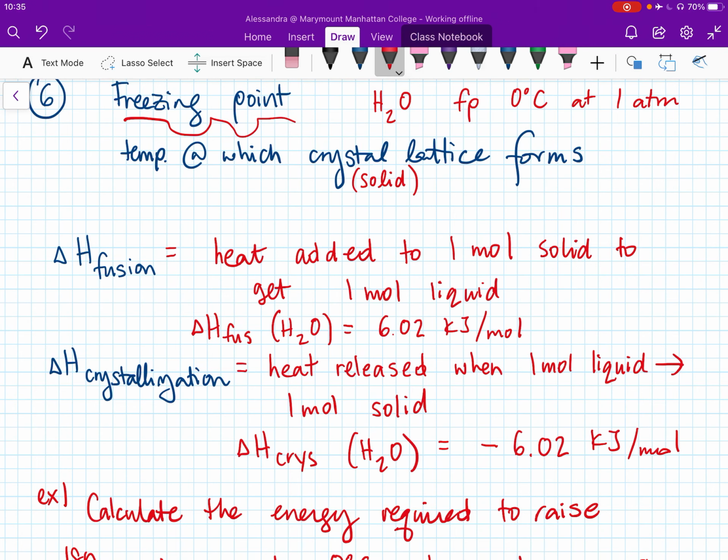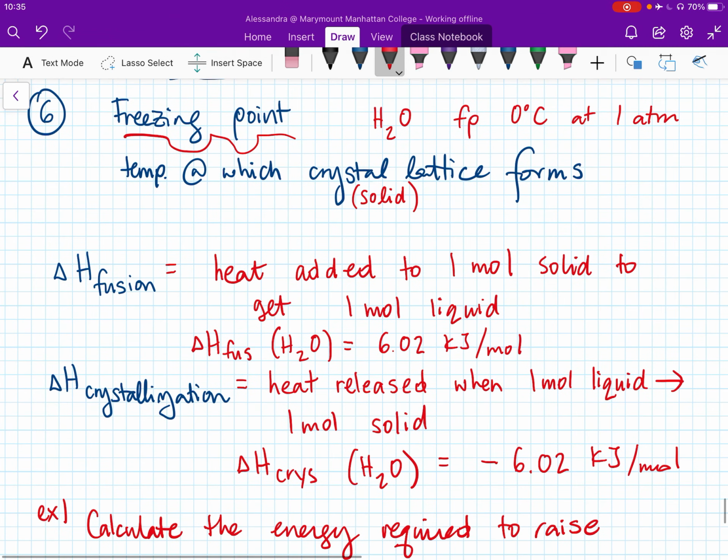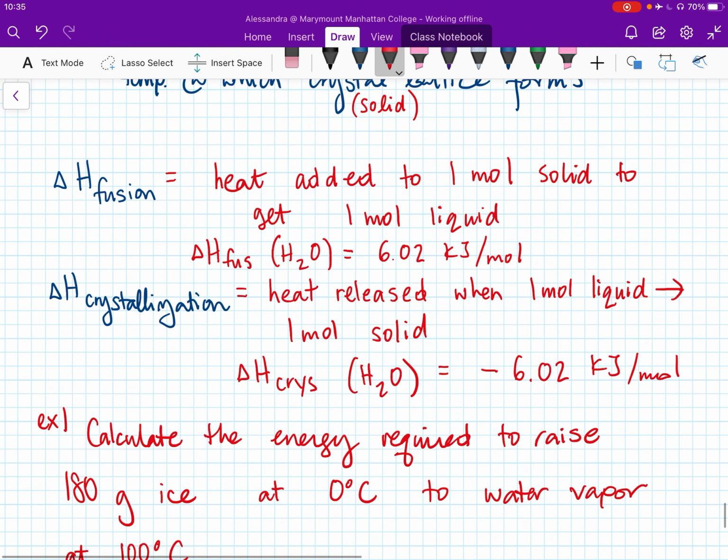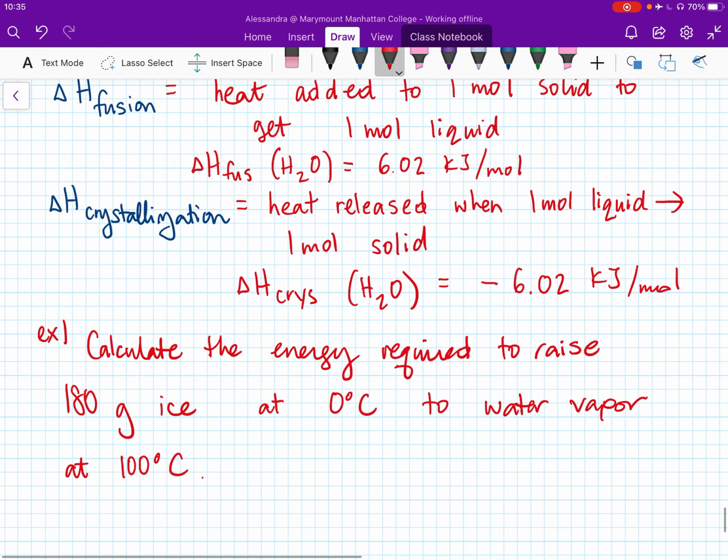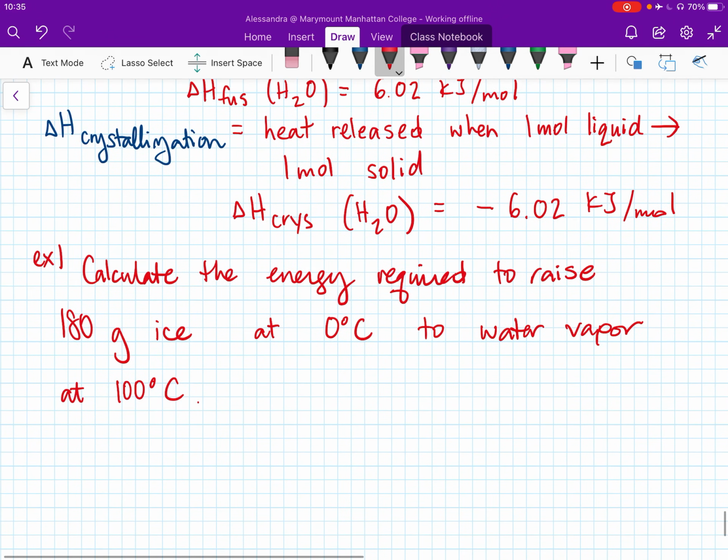Let's do an example where we use freezing point to figure out the energy involved in a phase transition scenario where we're also raising the temperature. So here we have to use what we know about freezing point, but we also have to think back to the thermochemistry chapter where we learned about specific heats.